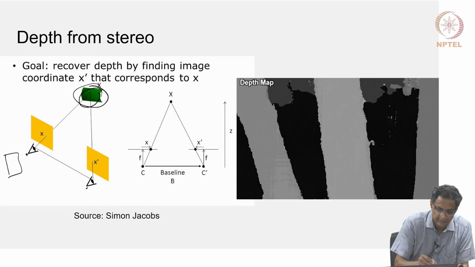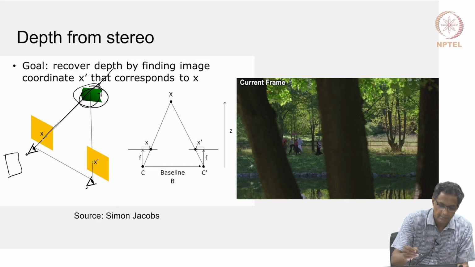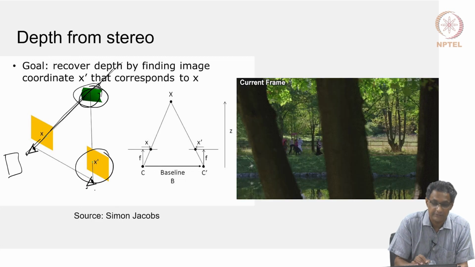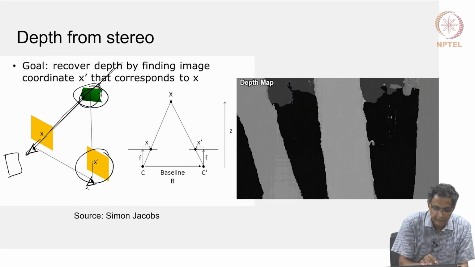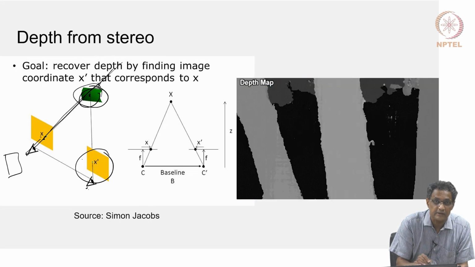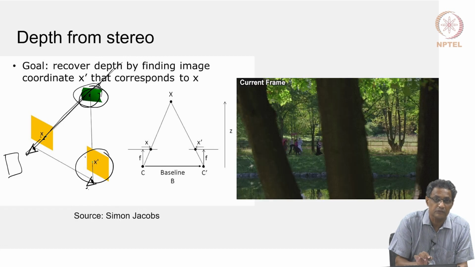If you take this ray, you don't know where exactly the object is. If I just have one camera and I trace this ray back, I don't know where it ends. That is the reason why you need the second image. Here we have taken one point x, whose image is here, and its image is x dash here. This is a correspondence that I need to know very accurately.